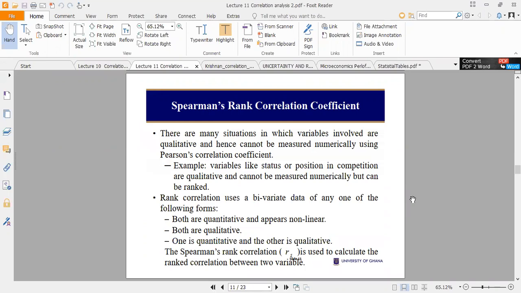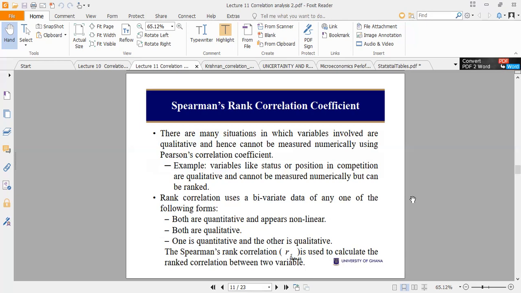All right, then we look at the Spearman's rank correlation coefficient. See that the assumption under the Pearson is that the data must be quantitative, but we also have qualitative data, data that cannot be quantified.